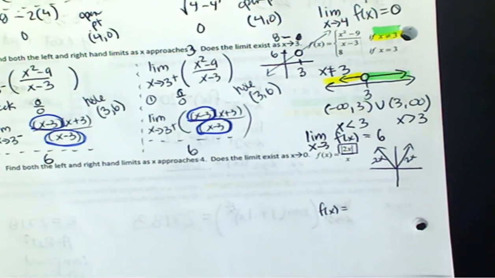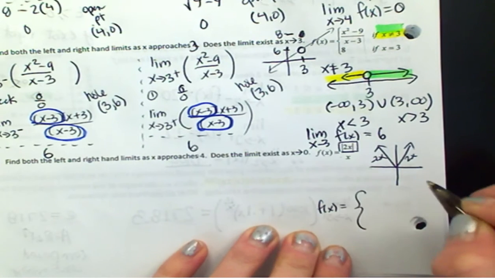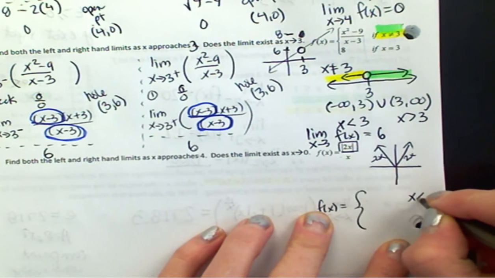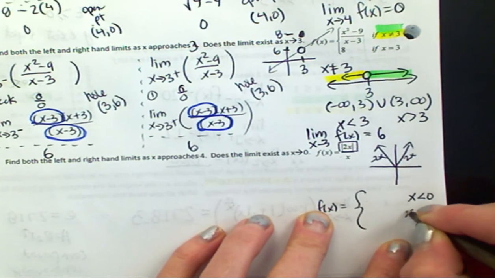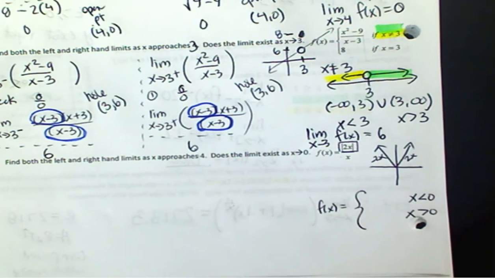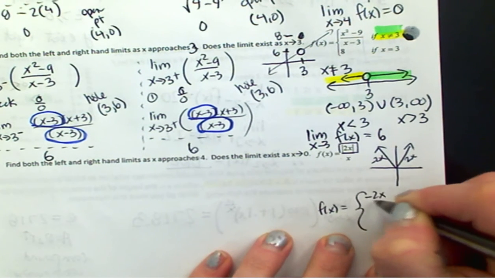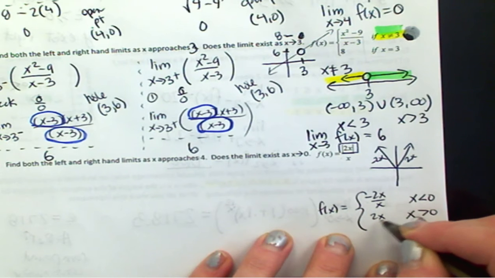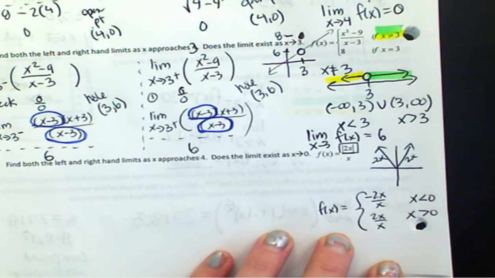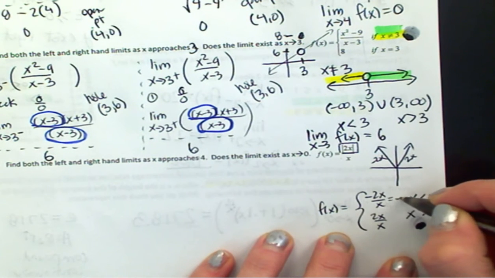So I'm just graphing the top, and I'm just going to split it up based on that. X is less than 0. X is more than 0. Yeah, I do know these things reduce. That's okay.